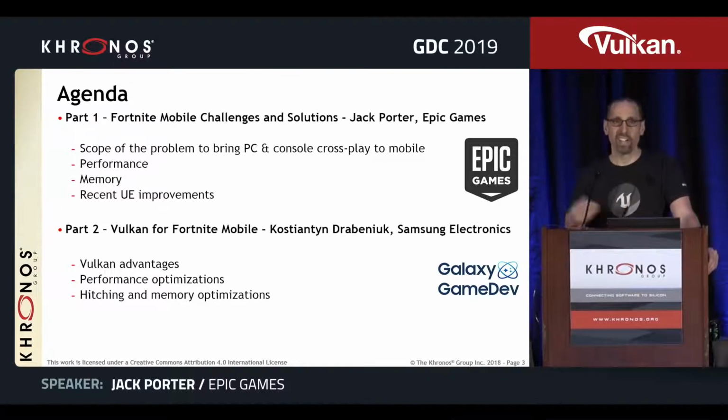The areas I'm going to touch on are where they intersect with the Kronos APIs. In the second part, Kostiantyn's going to talk about the Vulkan optimizations, with some specific examples of how they were able to optimize performance and remove hitching.